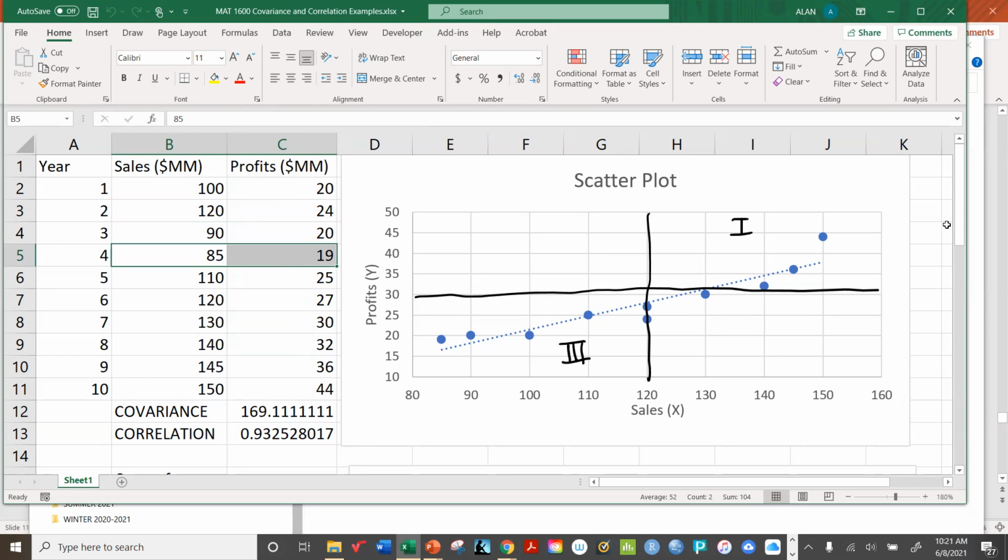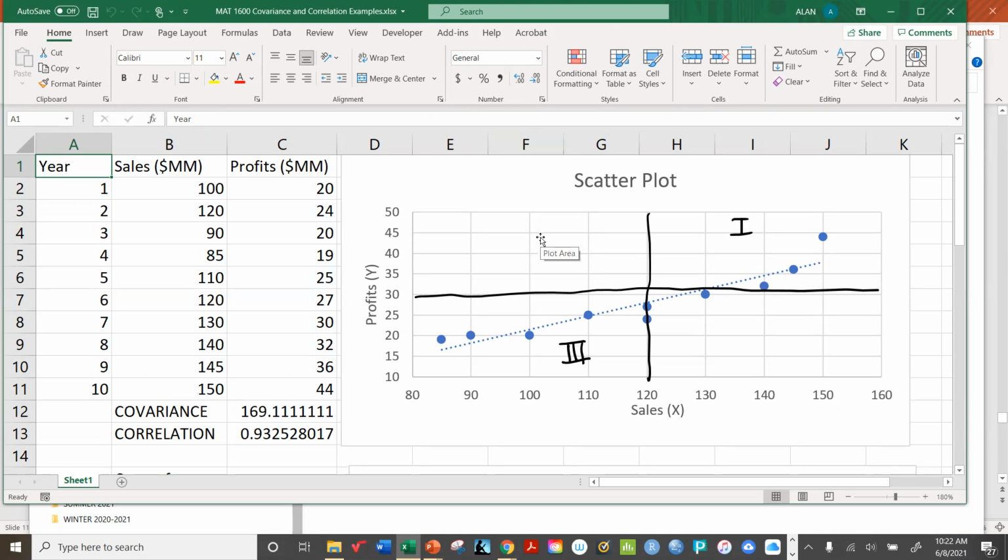And if you notice, if you look at the points, there's a tendency for them to move up towards the upper right-hand corner, which means they're both rising or falling at the same time. And in fact, if you recall from high school math, up in the upper right-hand corner is the so-called first quadrant.